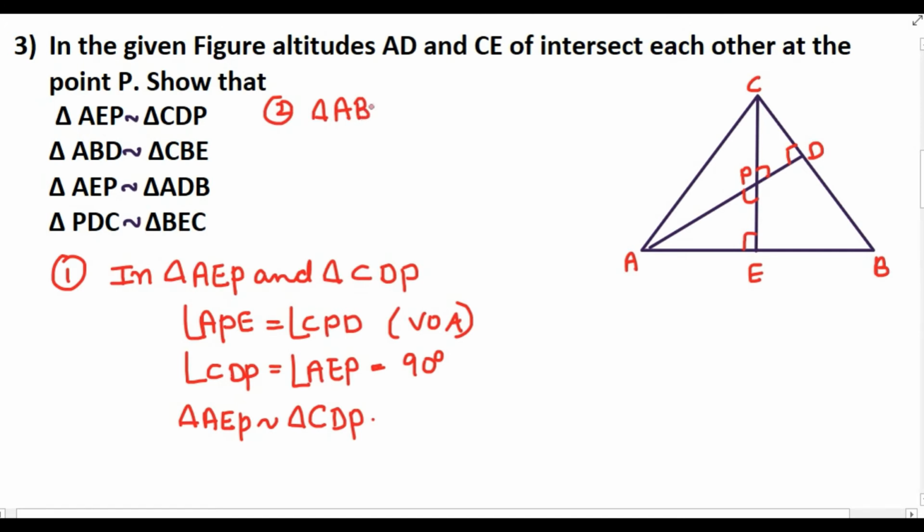In triangle ABD and triangle CBE, we can see that angle B is common. Again, these two angles are ABD.